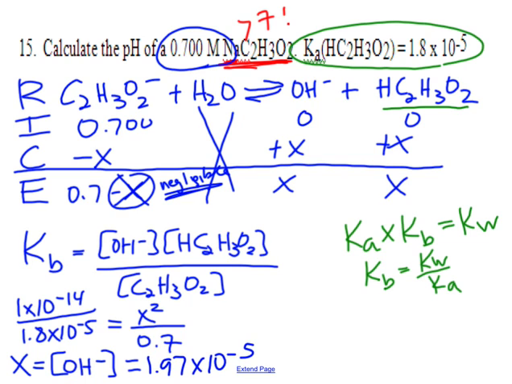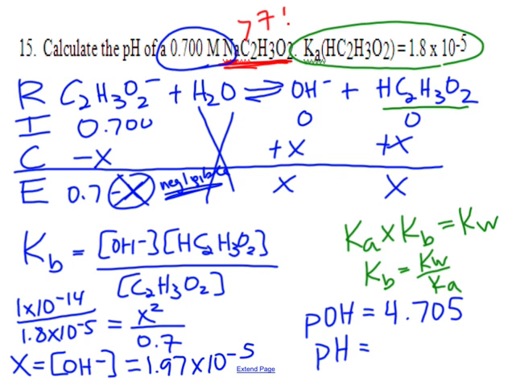1.97 times 10 to the negative fifth. If I take the negative log of that, what am I solving for? What do I get? pOH. So give me 3 decimal places to have 3 sig figs. Three decimal places, please.